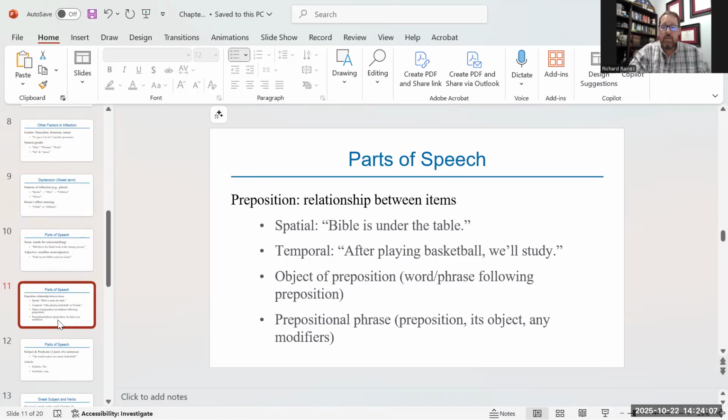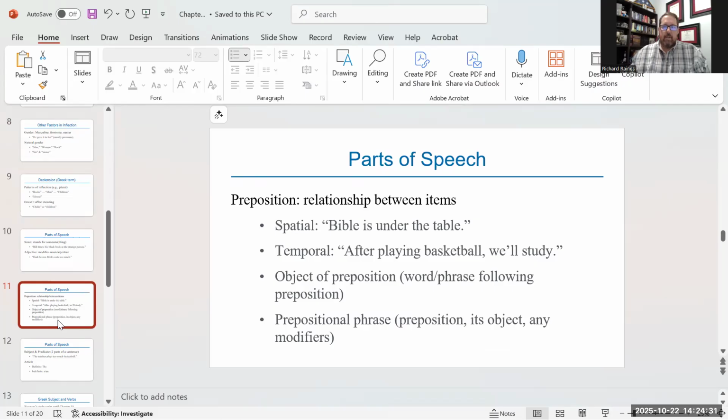And I'm moving through this pretty quickly because I'm guessing that you have to finish high school to make it to college here. So we're just going to highlight this stuff and move on. I don't want to belabor it. We also need to be familiar with prepositions. Prepositions describe relationships between items. You have spatial prepositions. The Bible is under the table. Under is the preposition. Under the table would be the prepositional phrase. You have temporal, after playing basketball.